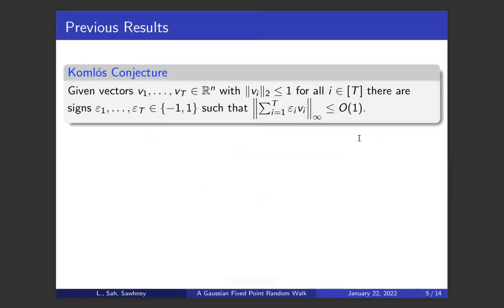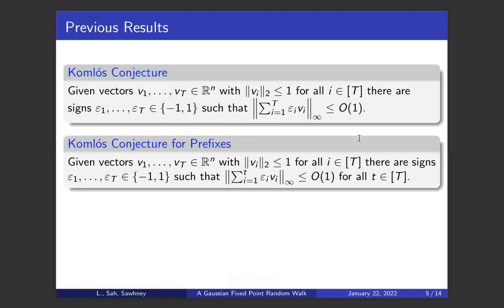To describe the previous known results for vector balancing in the Komlós setting, it's useful to introduce the Komlós conjecture. This conjecture asks whether given vectors v1 through vt in n dimensions, all with L2 norm at most 1, there must be signs epsilon 1 through epsilon t such that the L infinity norm of the signed sum is bounded by some constant.